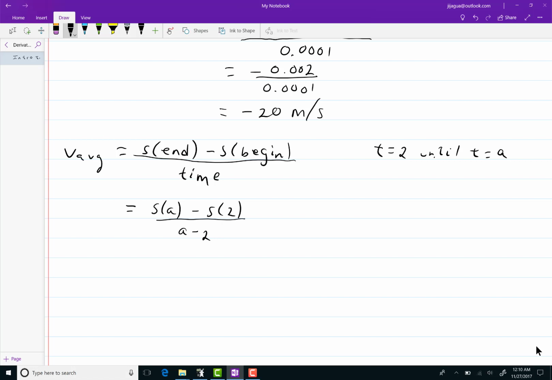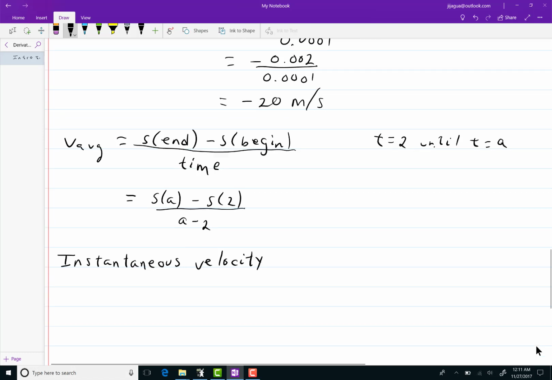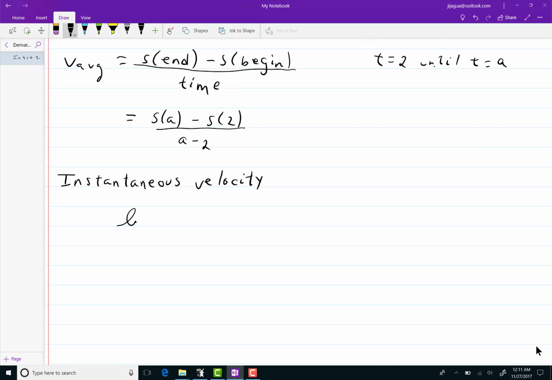So if I want the instantaneous velocity, I probably should be looking at the limit as that number a goes to 2 of s of a minus s of 2 all over a minus 2. I probably should have used t, but I think I'll do that for the next one. So let's put this in.